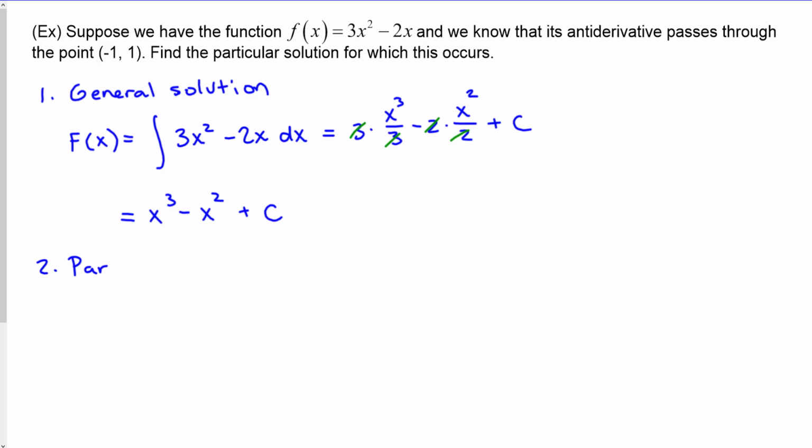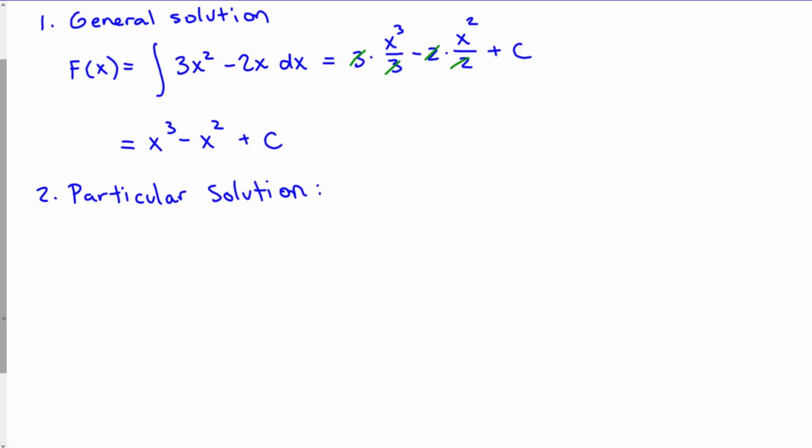So to find the particular solution, here's how we do it. We have the point negative 1, 1. This is an x value, and this is a y value. Y values come from plugging numbers into functions.